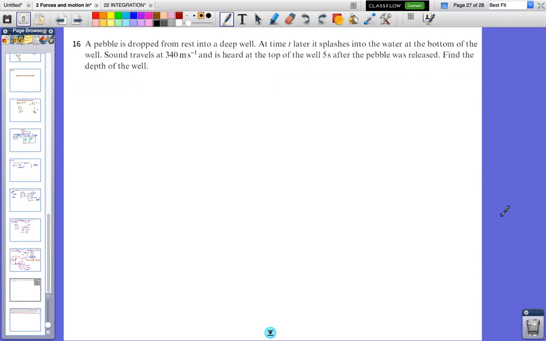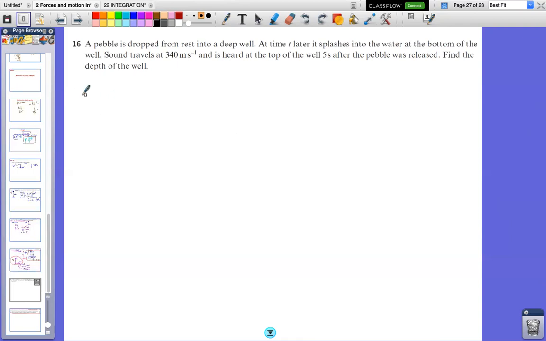Sound travels at 340 meters per second and is heard at the top of the well 5 seconds after the pebble was released. We are asked to find the depth of the well. That's an interesting question. It's a two-part question.